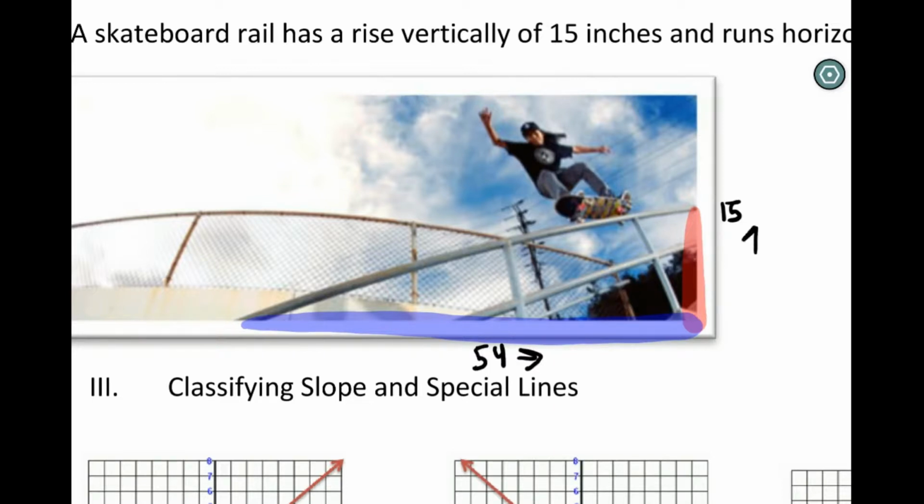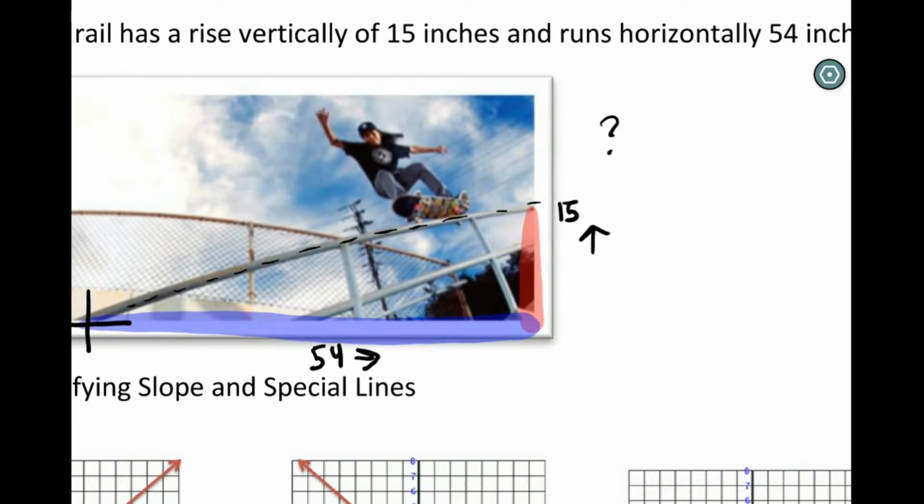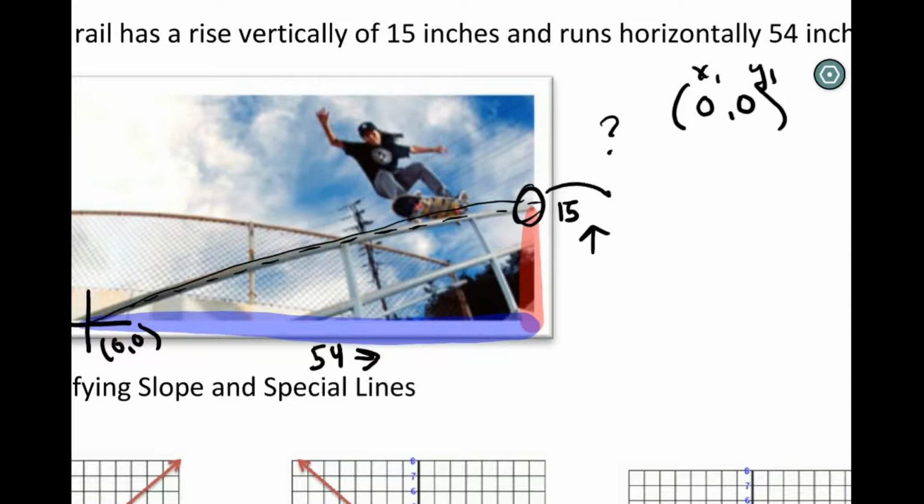What is the slope? It may not look like it, but we actually have two coordinate points. If we think of the start of the ramp as the coordinate 0, 0, there is our first x1 and y1. The second one is the top of the slope, so this point here is 54, 15.